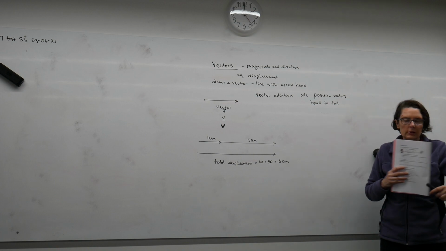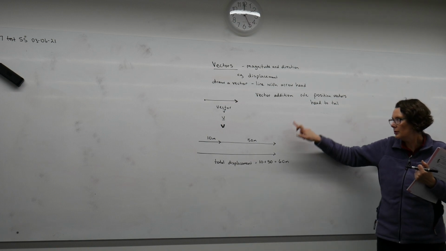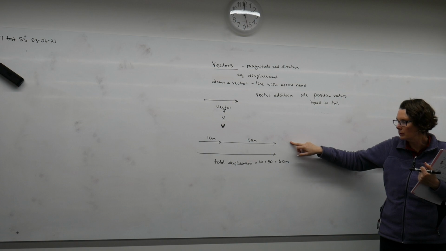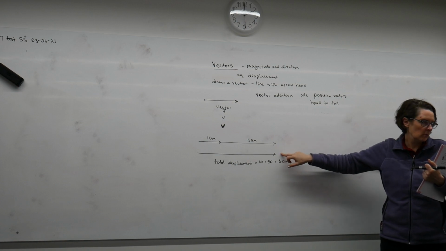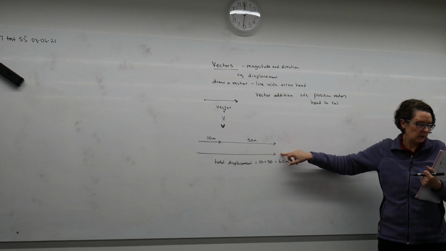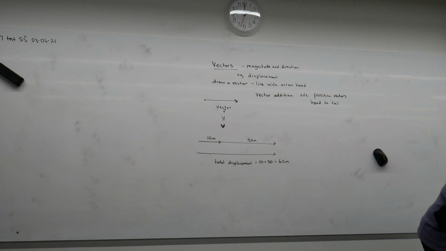Okay, all we've done is we've positioned those vectors according to our rule, and we've just drawn a third vector to represent what that looks like overall.